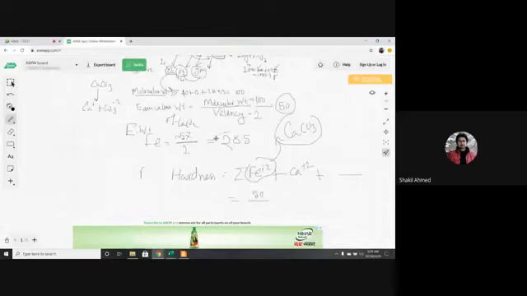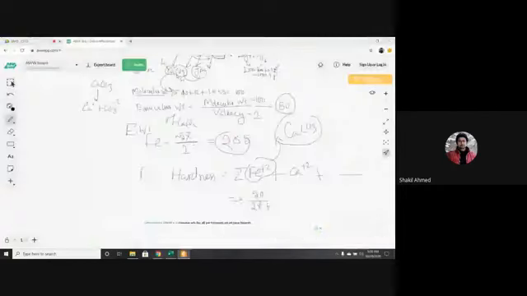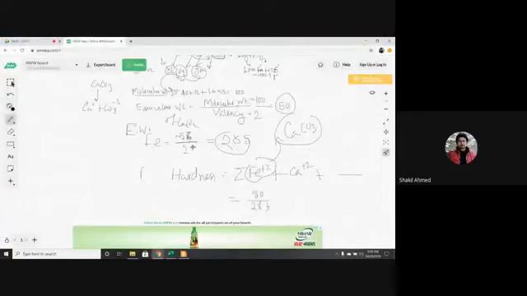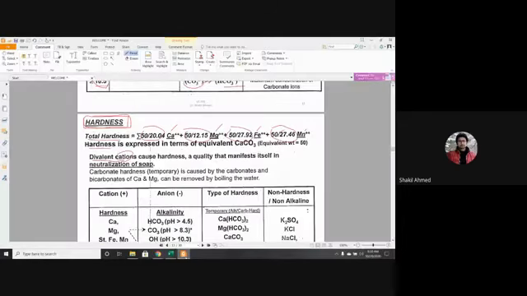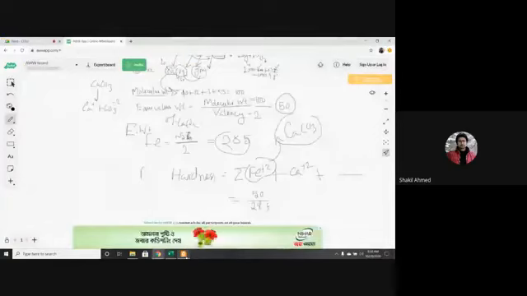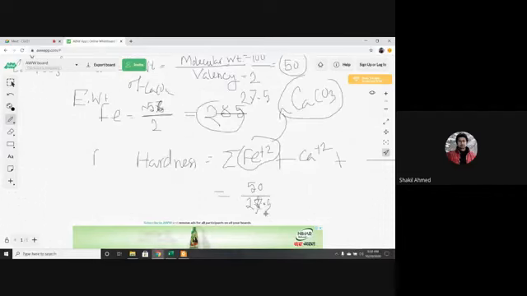So 50 here by 27 point something. Iron may be 56 point something, let's say 56, so that makes it 27.5. So 50 divided by 27.5.